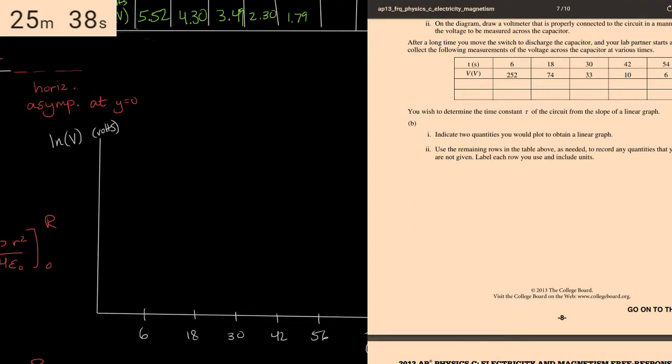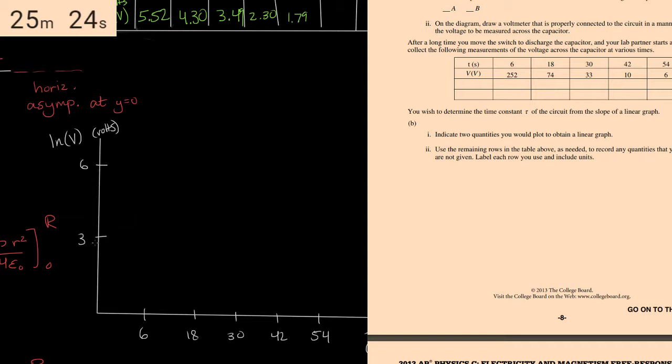Oh, 42 plus 12 is not 56, it is 54. All right, let's graph this. The natural log is going to be ranging through 6-ish, so let me get the 3 in place. Let me get 2, 1, 4, and 5.